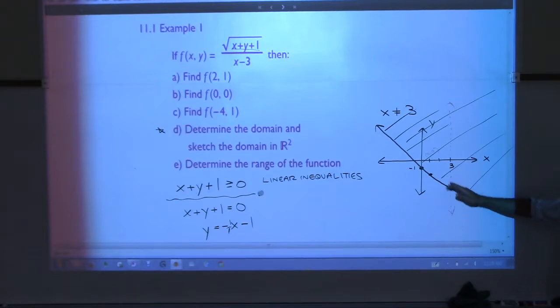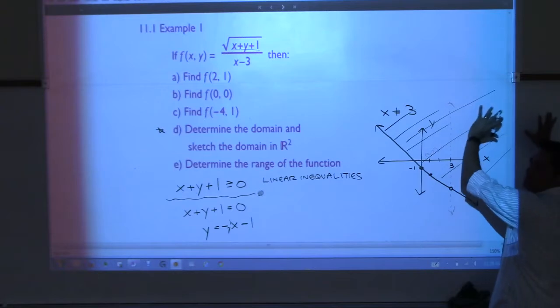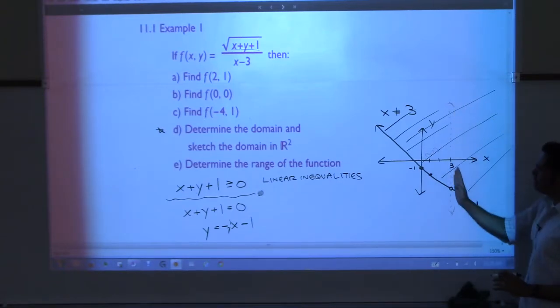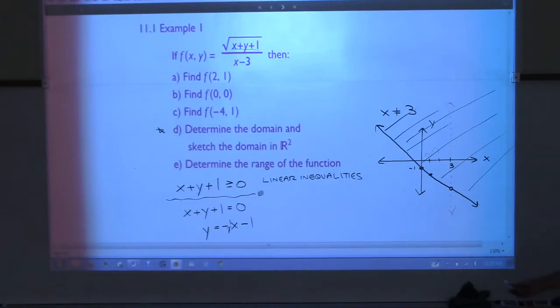Even though it's on this line, it's a problem because x would be 3. Can you all see that? That's an infinite number of points. It's an entire region of two-dimensional space missing this piece in here. That's the domain. So when you try and plug something in over here, we know it's not going to work. That's how we get domains.